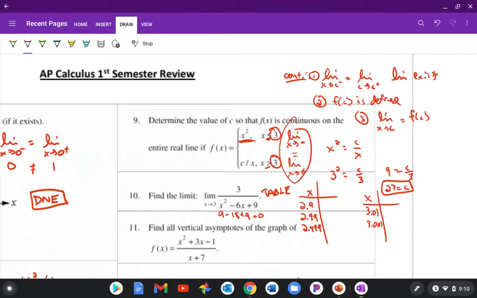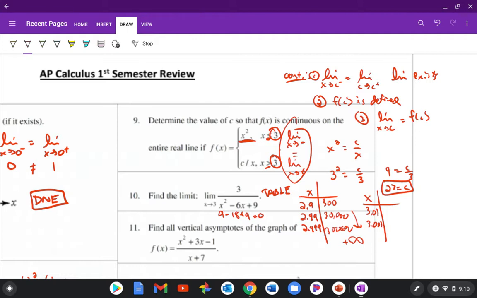When you plug in 2.9, you get 300. 2.99, you get 30,000. And 2.999, we get like 300,000. So this is clearly going to positive infinity, which already tells us that the limit does not exist.